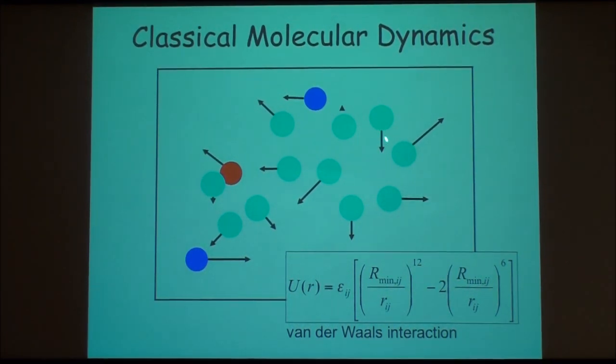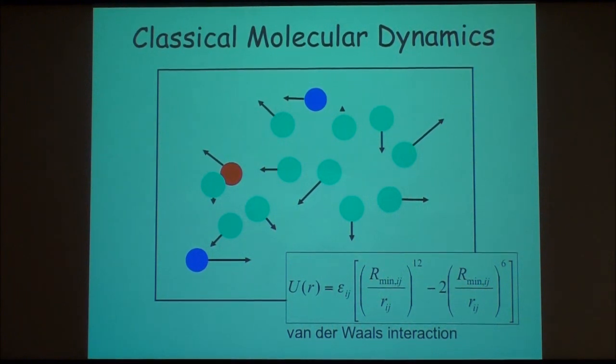The basic type of interaction between any atoms in a molecular system is the so-called van der Waals interaction. It comes from the fact that if you bring two atoms too close to each other, they of course bump into each other, they start repelling each other. But at larger distances, because there is this induced dipole kind of interaction between the particles, they always attract each other.